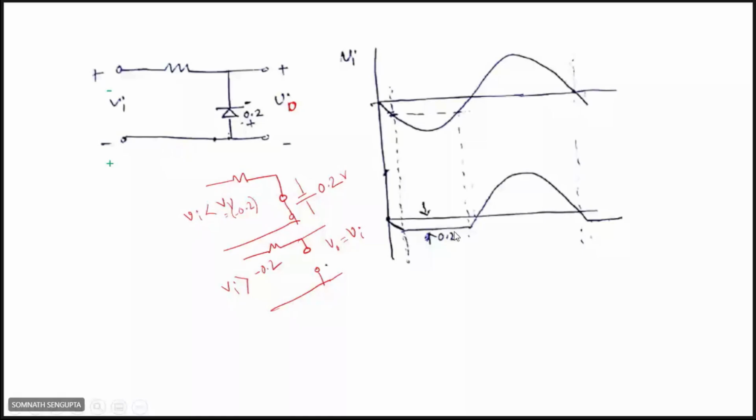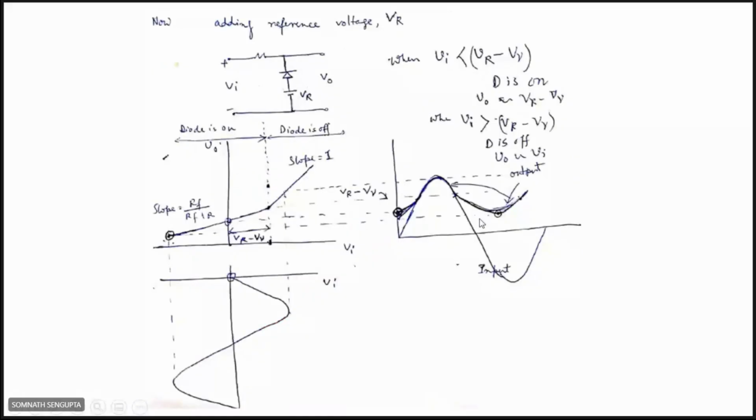Okay. Now what happens? The next case is what happens if you add one reference voltage to this circuit. So in this case, at what condition will the diode be on? Can anybody tell?